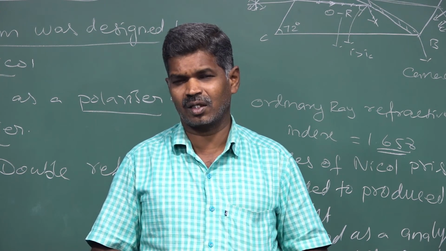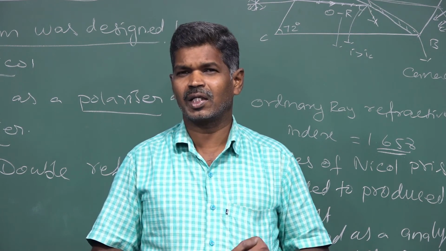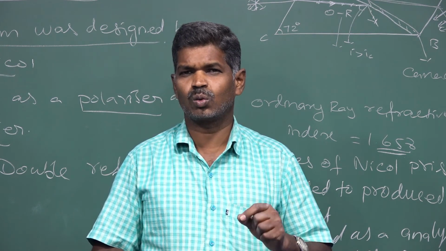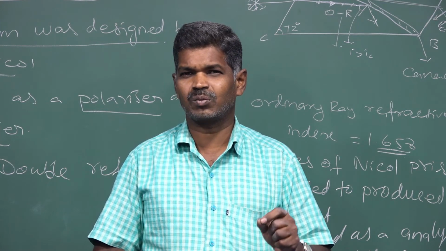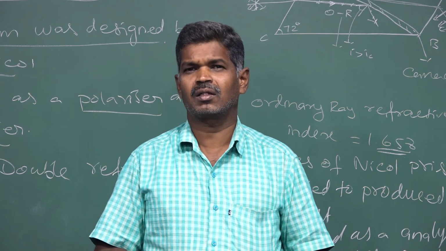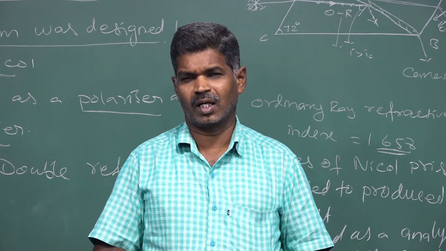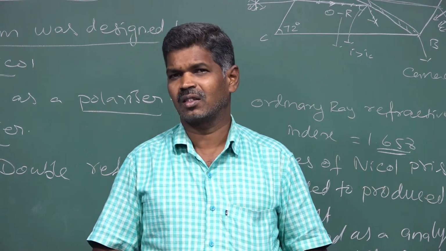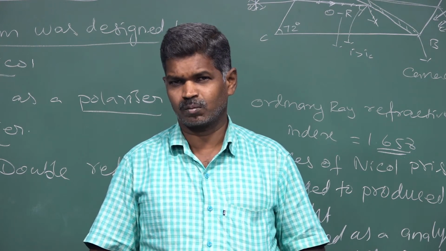In the construction of the Nicol prism, the length and breadth ratio is 3:1. That is, the length is 3 times its breadth. The most common material for a Nicol prism is calcite. There we have face angles of 72 degrees and 108 degrees.